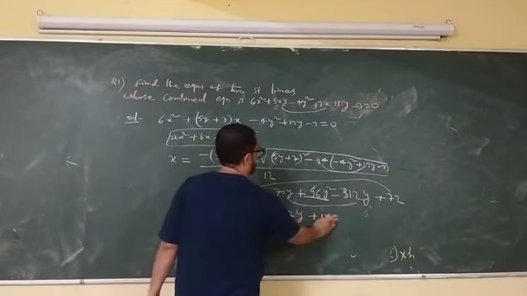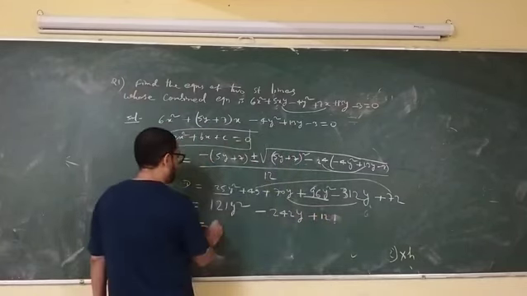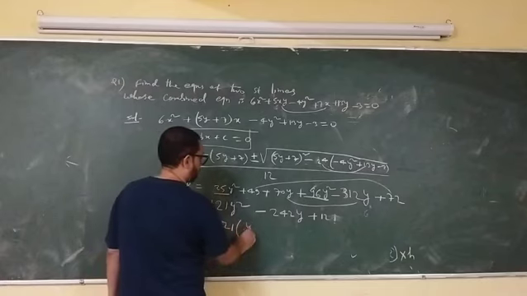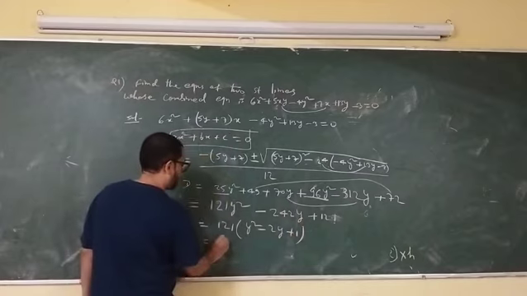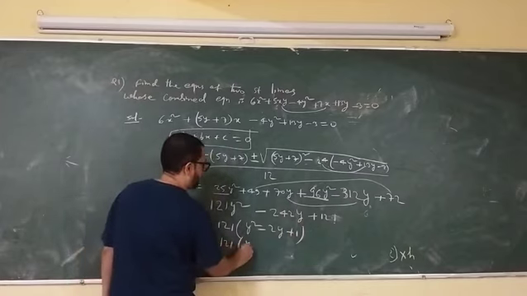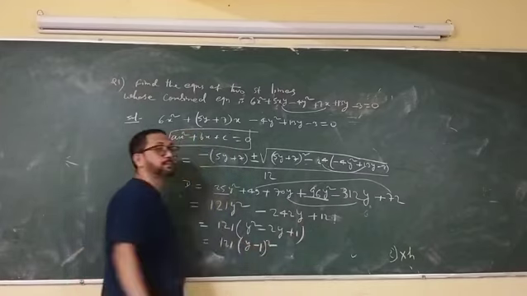So taking 121 common, it is y square minus 2y plus 1. So it is 121 times (y minus 1) whole square.